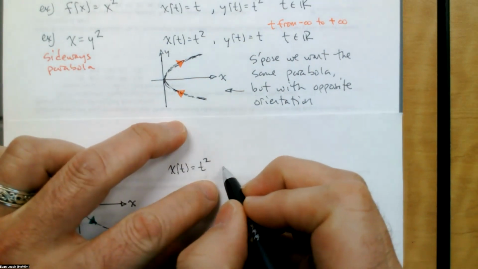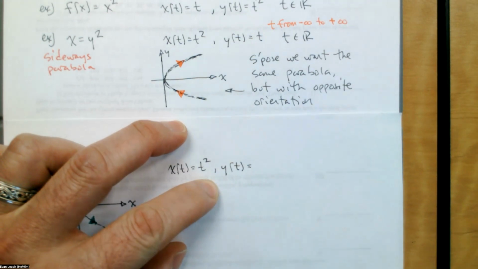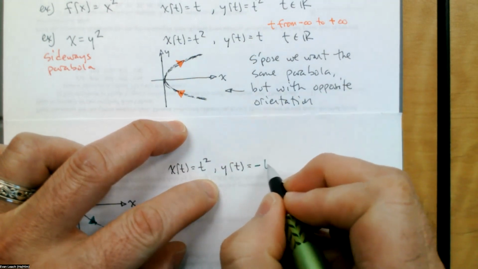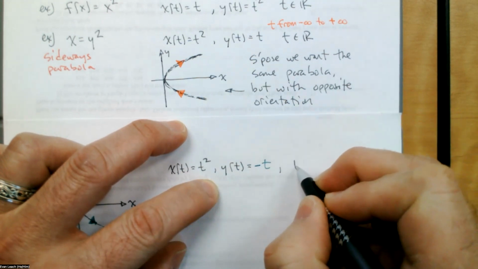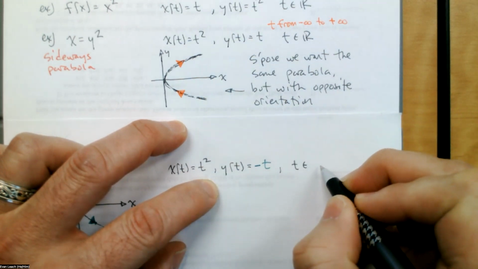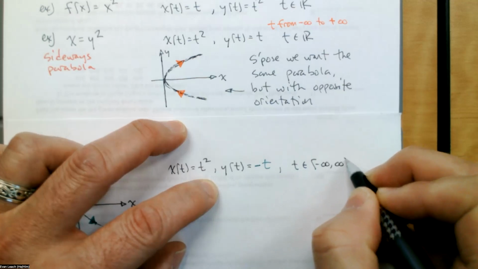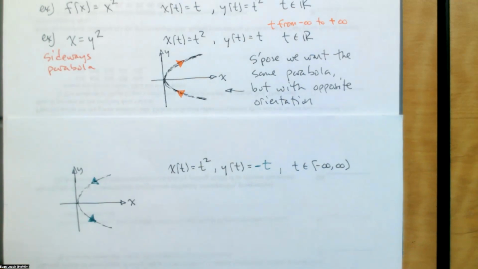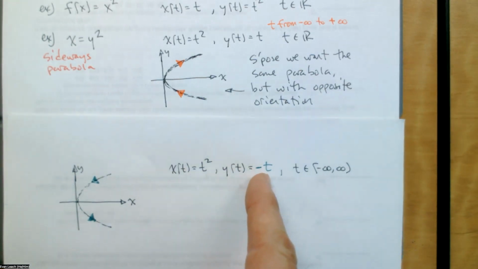So make y of t negative t. And we'll still keep t going from negative infinity to positive infinity. But now the first thing that we plug in, and remember, we get to say this because we're in calculus now, is negative infinity. It gets multiplied by negative 1. And so our first thing we plug in is actually positive infinity.